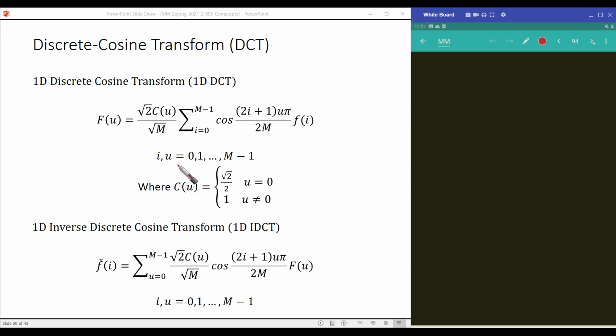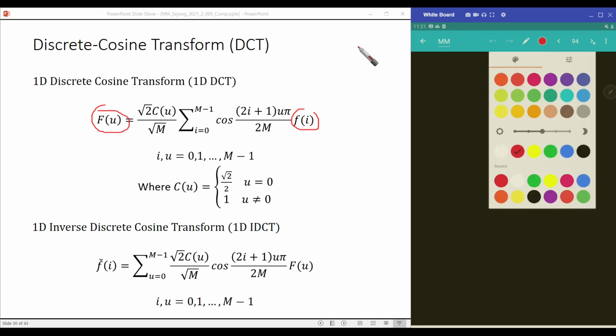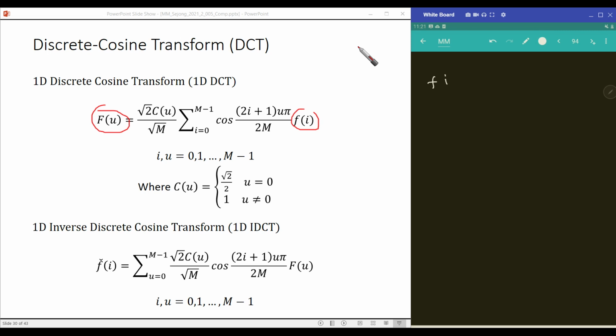Okay, so let's say this is our original sequence of numbers f(i), and this is our converted sequence f(u). All we are doing is converting one sequence of numbers to another sequence of numbers. This sequence goes from 0, 1 up to, let's say, m minus 1.